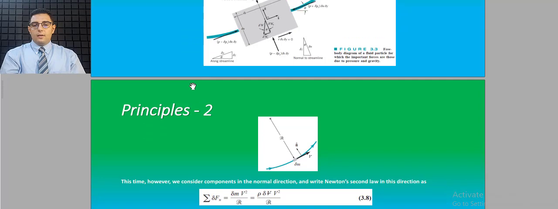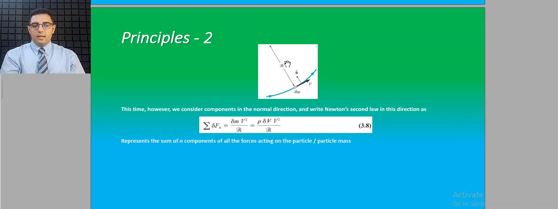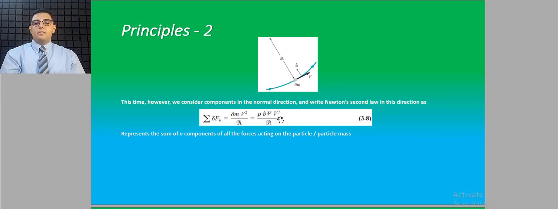Based on the free body diagram in detail, we have this equation. As we have the centripetal acceleration, the summation of the forces along the normal to the streamline is equal to m a_n. a_n itself is regarded as V squared over R. m is derived as density multiplied by the whole volume, and a_n is V squared over R, which we have as equation 3.8.